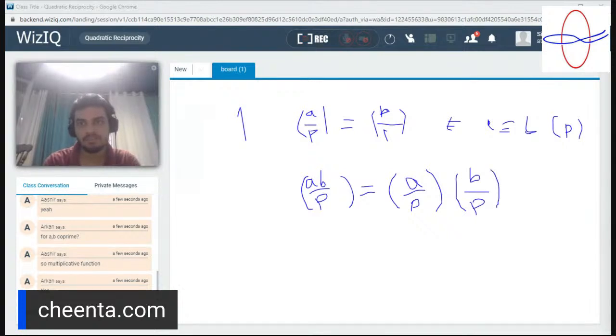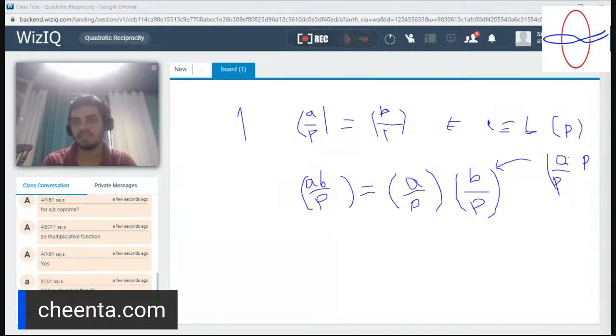A and b do not have to be co-prime with each other, but they have to be co-prime with p. That's basically when the Legendre symbol is defined. There is a variation of the Legendre symbol which simply assigns 0 in case p divides the number, and for that variation, this will be true for all a and b.